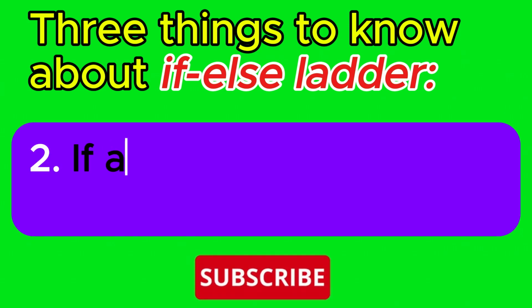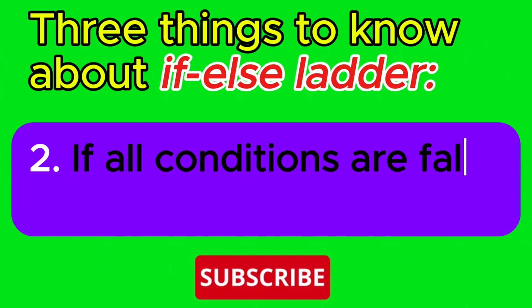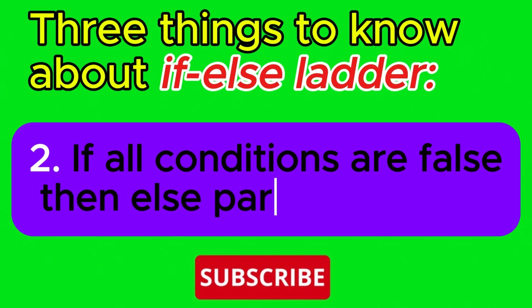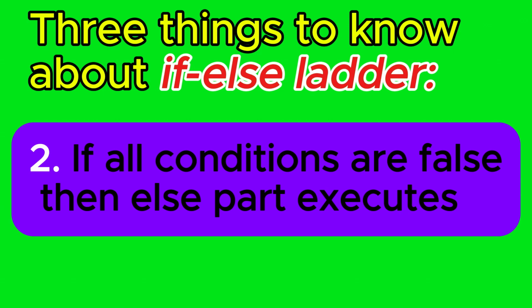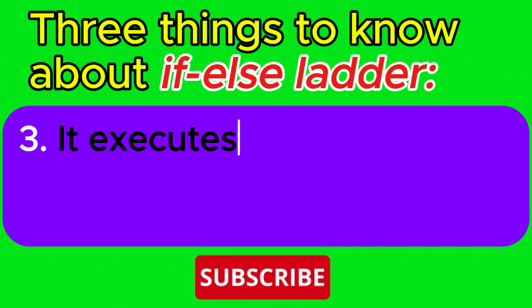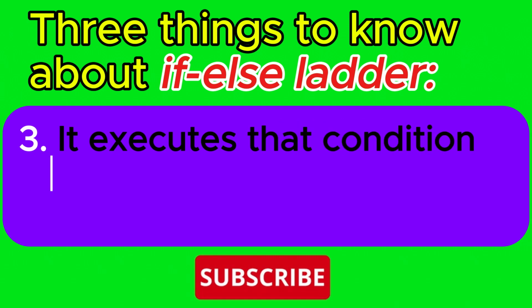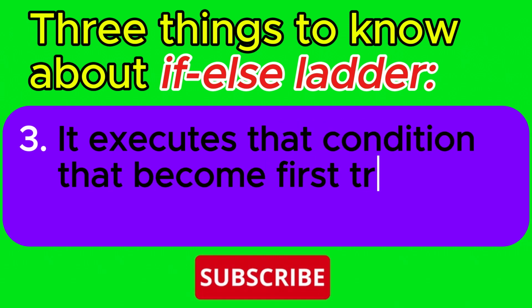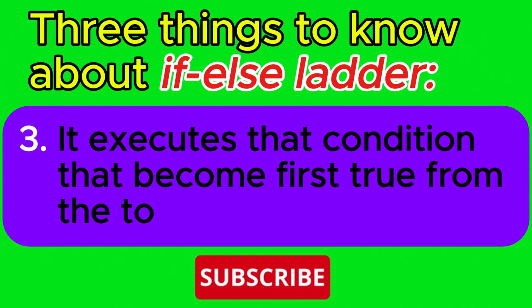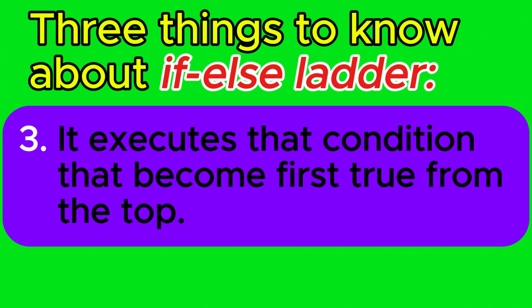The second, if all conditions are false, then the else part executes. It is like the if else statement where if the condition is false, the else part executes. And the last one is that it executes the condition that becomes true first from the top. This means that the part which is executed is the first true one from the top.